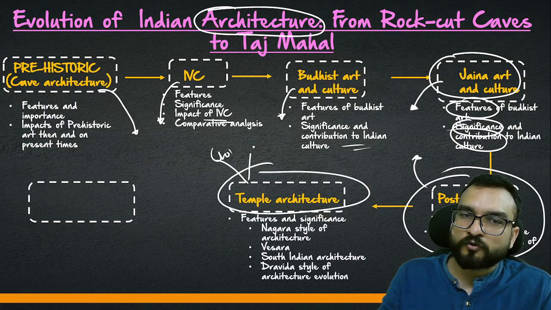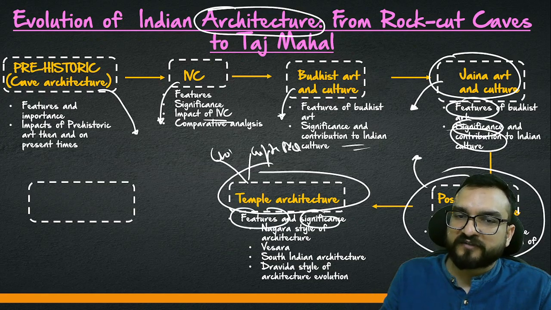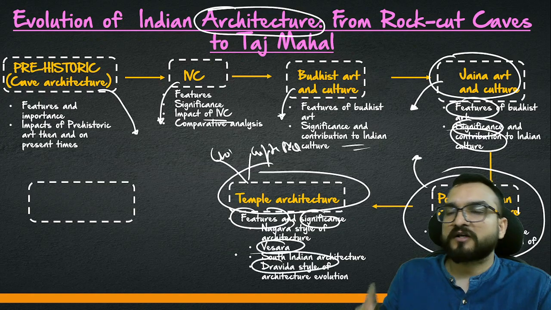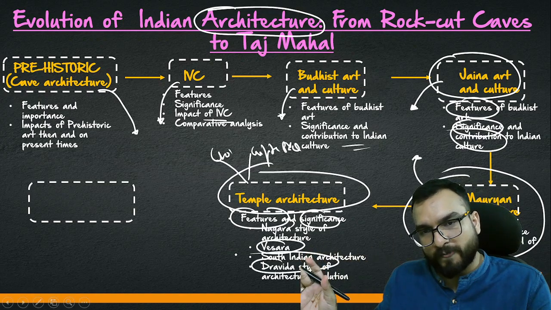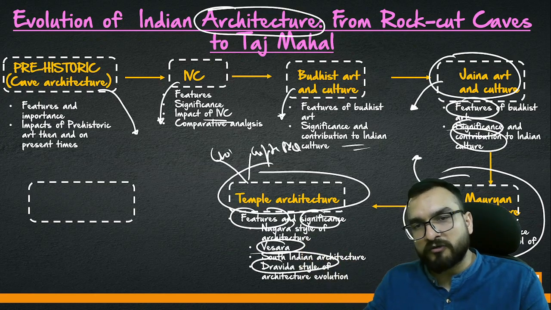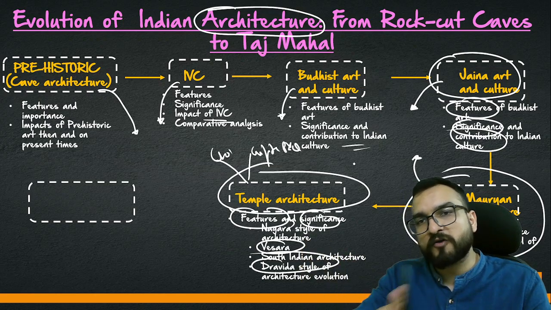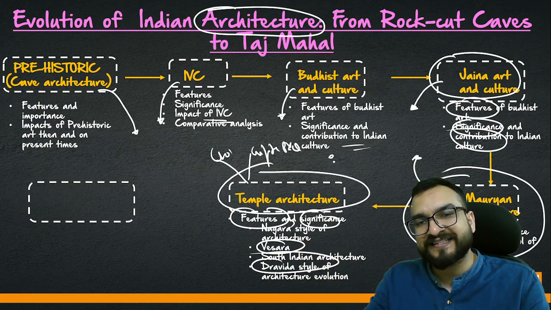Chola they have asked, Guptas they have already asked in PYQ. So what do you have to do? You just have to do the features and significance of Nagar style, features and significance of Vesara, and features and significance of Dravidian style. Simple. Keep it simple. No need to remember the temples now. What you have remembered for prelims will now be utilized as examples.